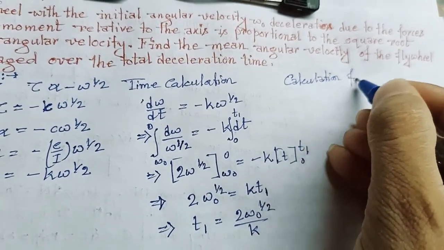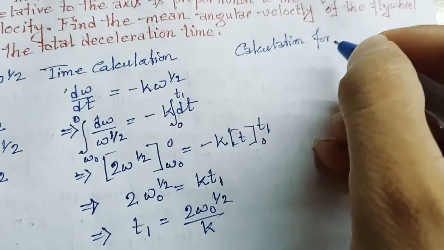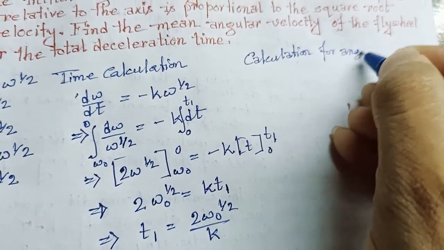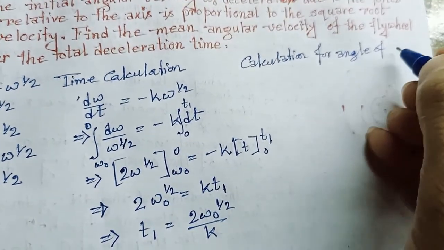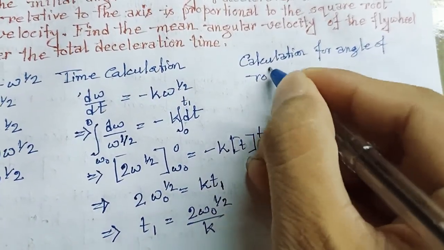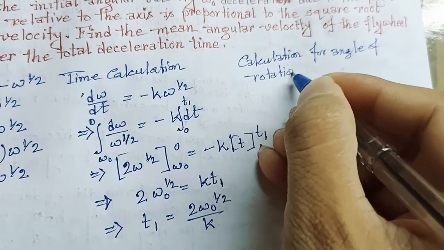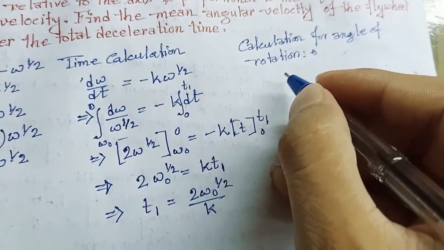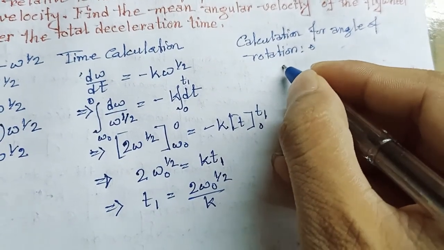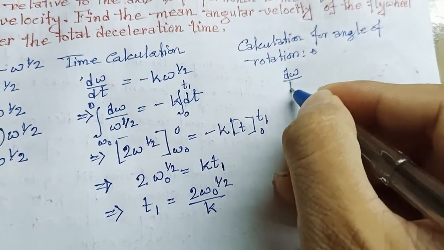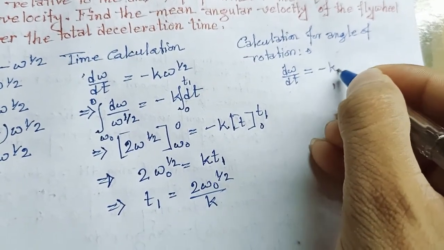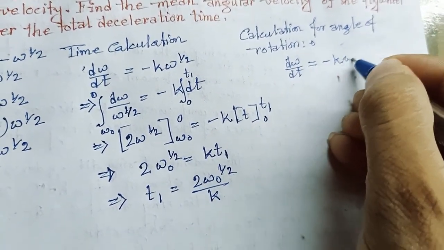The calculation for the angle of rotation. For finding this, as we know, d omega with respect to dt is equal to minus k omega to the power half.